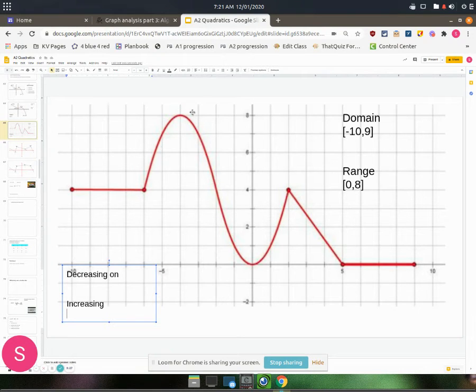So that's a turning point right there. Here, so this spot right here would be a turning point at -4. And here would also be a turning point at 0. So it's going downwards to upwards. And also right here, which is a +2.